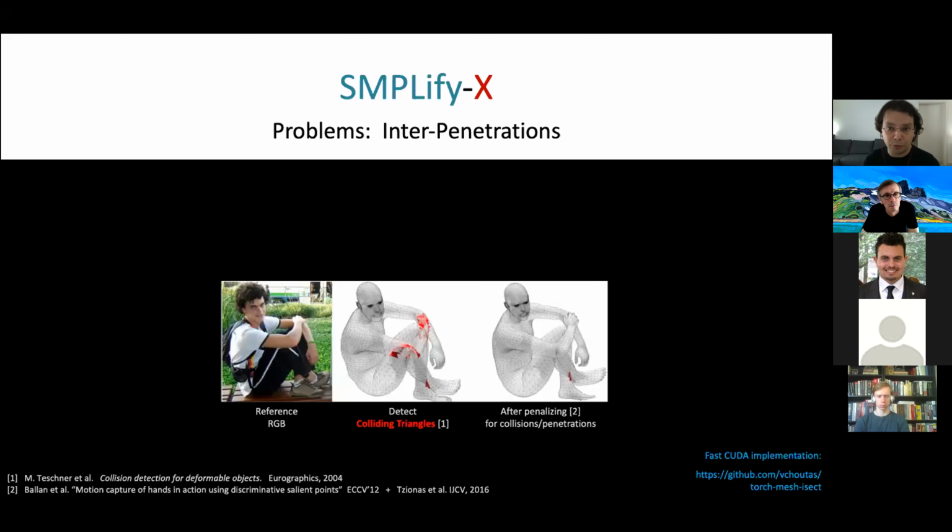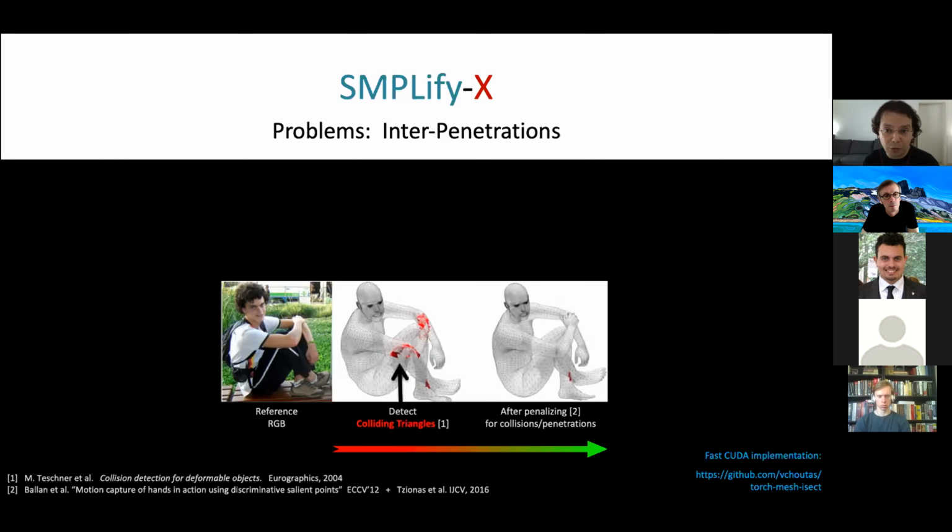This manifold accounts for many ambiguities, but cannot capture anatomical limits. As a result, our estimated poses might still have self-penetrations, as we see here between the elbow and the knee. We account for this with a much more accurate method that operates on the original meshes instead of rough 3D captures.